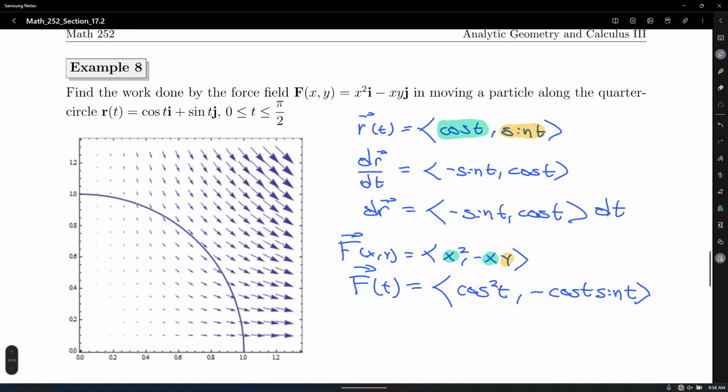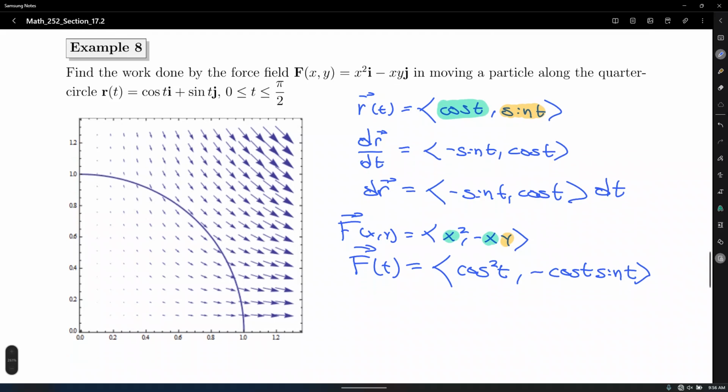So in this case, since we're finding the work done by the force field in moving a particle along this trajectory, before even setting up the integral, let's see if we can anticipate what we are going to obtain as a final result. Do you think we're going to get a positive result or a negative result? What do you think?